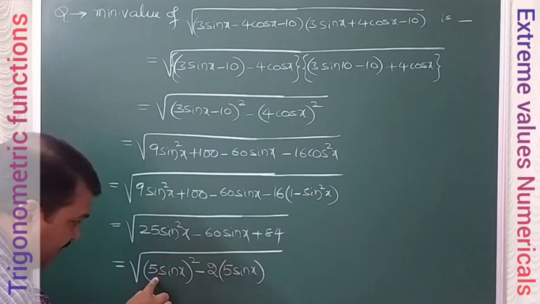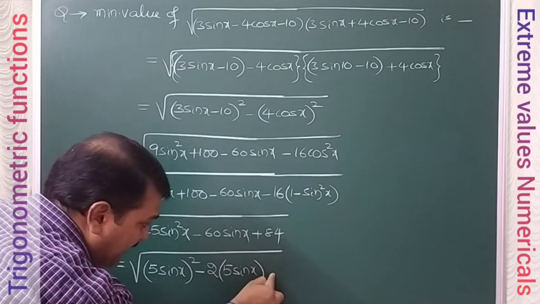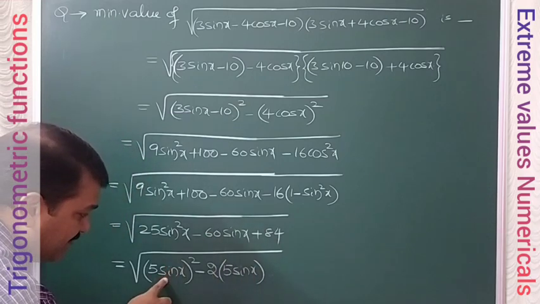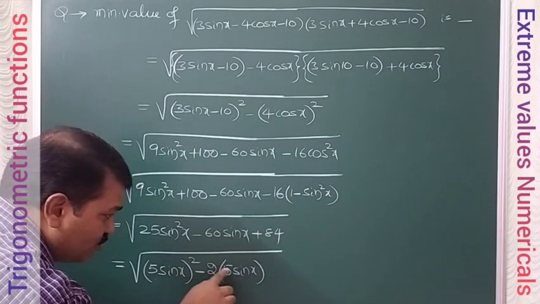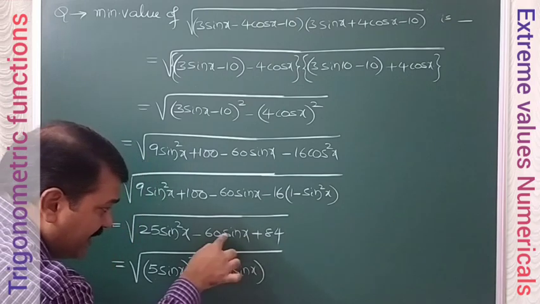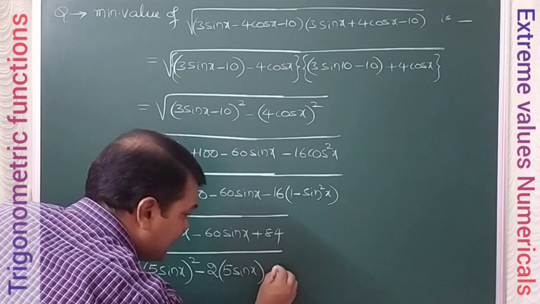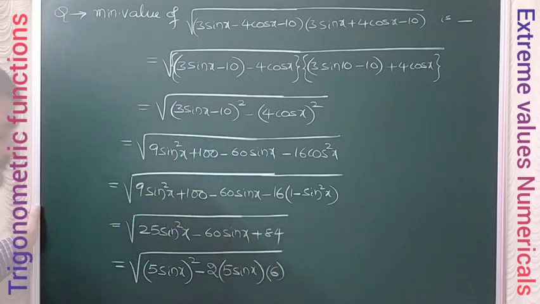So a square minus 2ab term. What must b be such that we get this one? A we know, minus 2ab. What must b be to get this? Without change of value, b must be taken as 6 here.